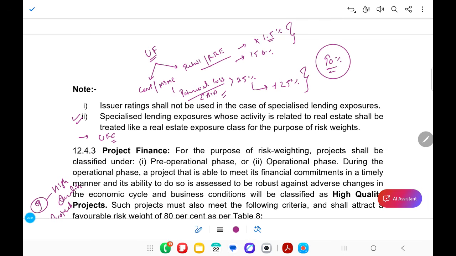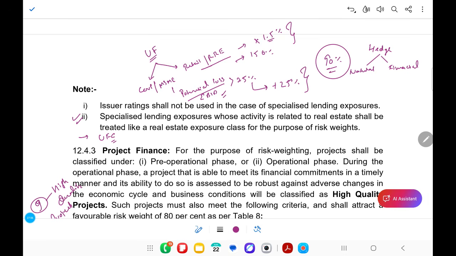The circular also specifies which type of hedge is considered and recognized. Hedges are of two types: natural hedge and financial hedge. A natural hedge occurs when a borrower has an offsetting exposure, like export revenues, that has a cash flow or maturity within the same accounting year as the repayment obligations.